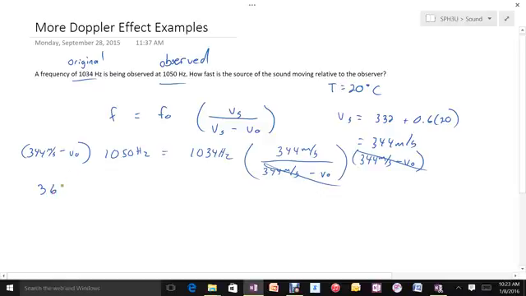And then I have to remember to distribute that 1050 hertz to both terms when I multiply the binomial in on the right-hand side.